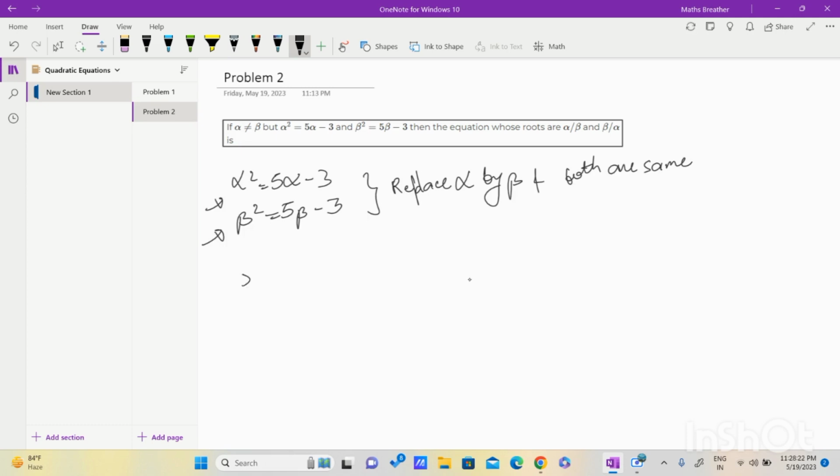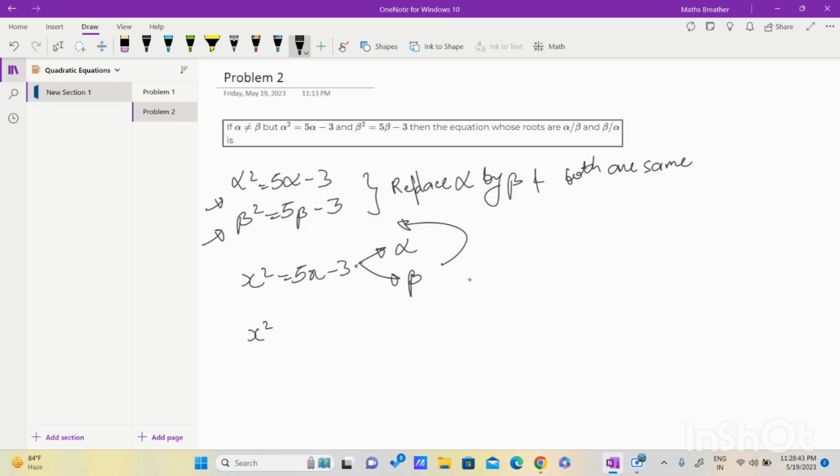So can I represent it like this? x square equals 5x minus 3, and I'll take x as the values alpha and beta. I permit the value of x to only be alpha and beta because I just want to mimic the above two equations, right? Makes sense.